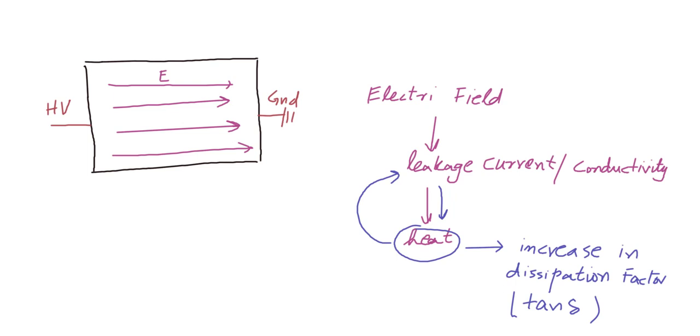So the heat being produced in an insulator upon application of high voltage will depend upon the conductivity, the dissipation factor, and the electric field.